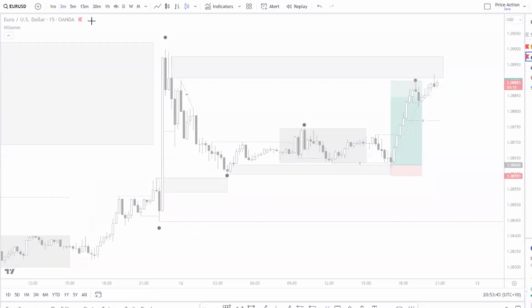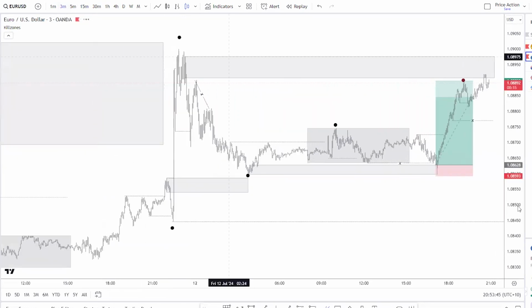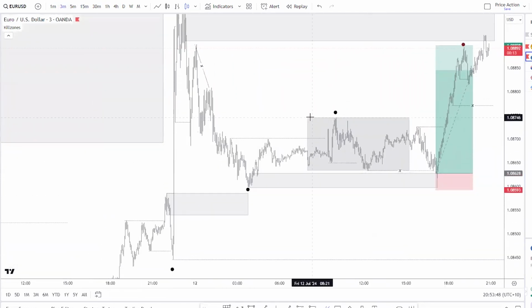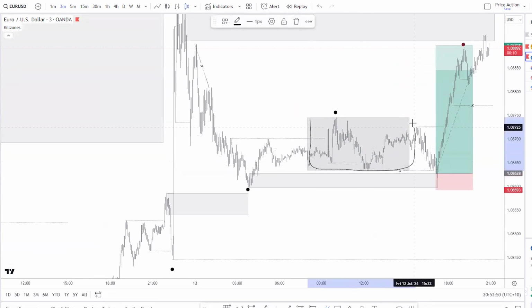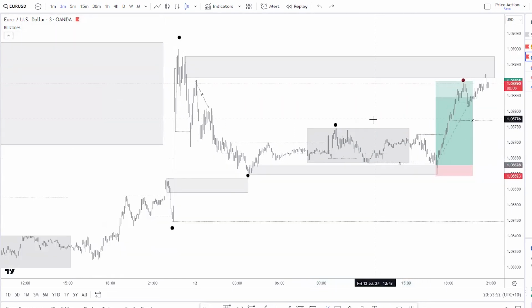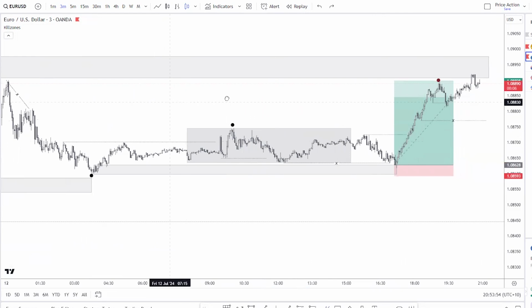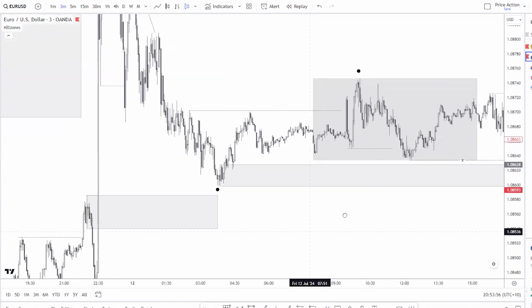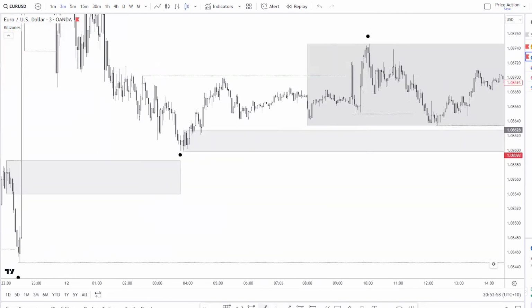So on M3, it's a QM, but like I'm saying, today was Asia. This was Asia here. So we need to let Asia finish. So if I look at M3, for example, here, we have our first QM somewhere here. First QM somewhere there.